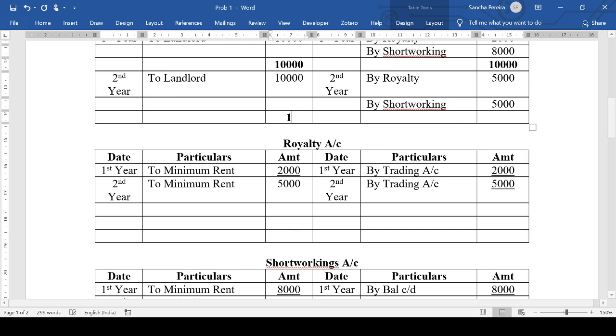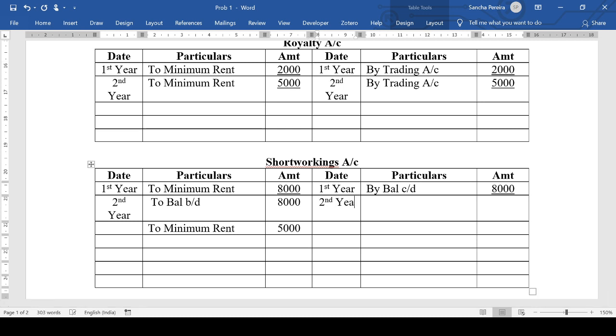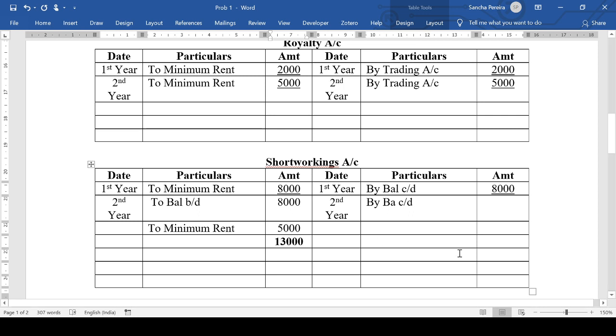So the minimum rent account balances and closes. Short working, again, we will have a balance carried forward. By balance carried down, 13,000.